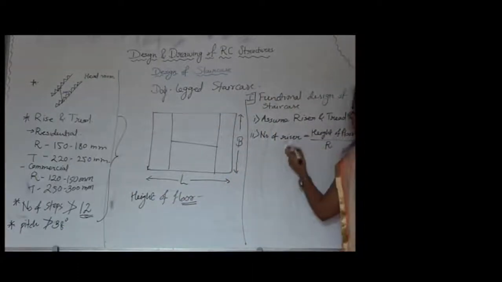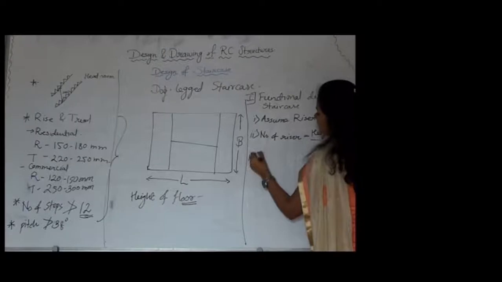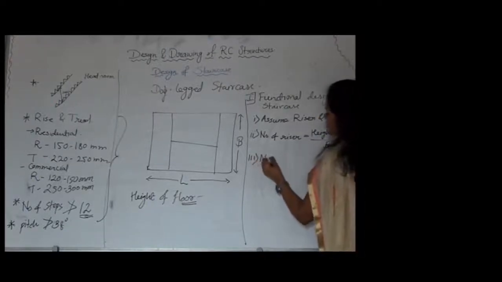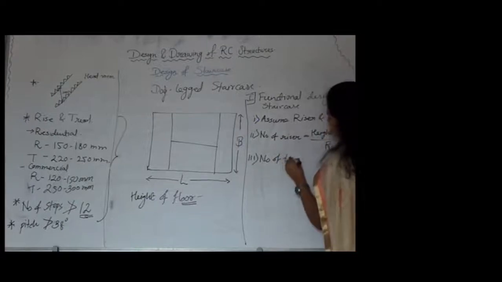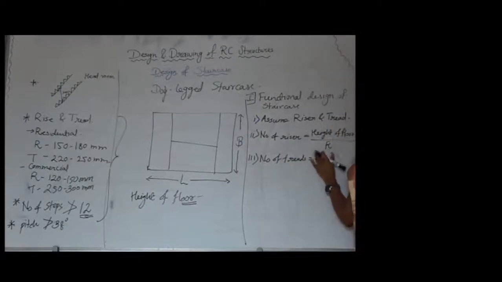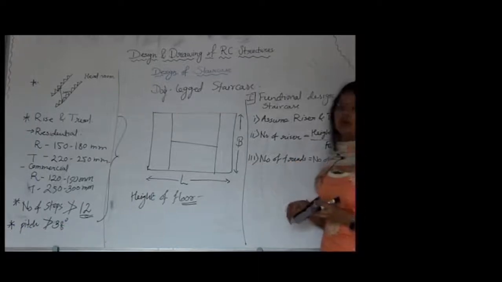Now, once we know the risers, we can find the treads, that is number of treads will be equal to number of risers minus 1. This will give us the number of treads.